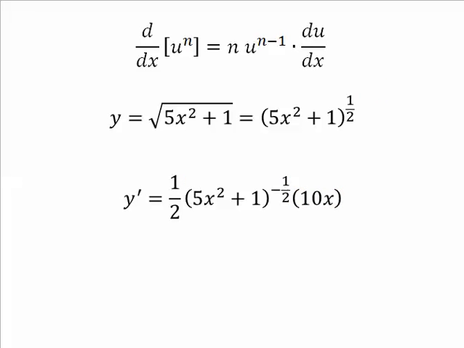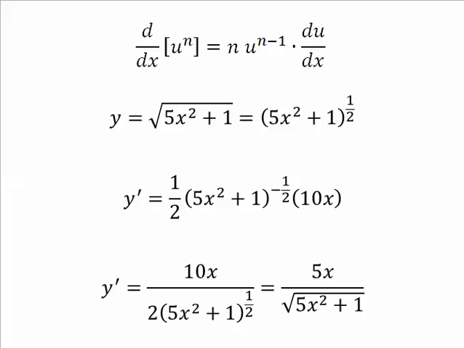So just to recap, the derivative will be 1/2 times the inside to the 1/2 minus 1, all of that times the derivative of what's inside. Now the negative exponent is not in good form, so I would rewrite my y prime this way. And then of course 10 over 2 is 5, and also you can change back to radical notation.